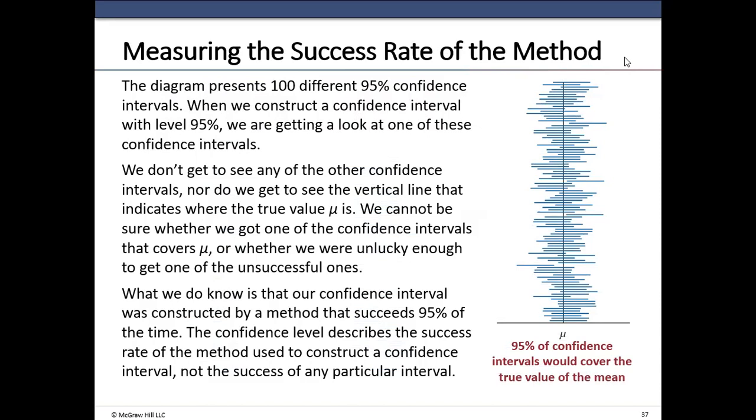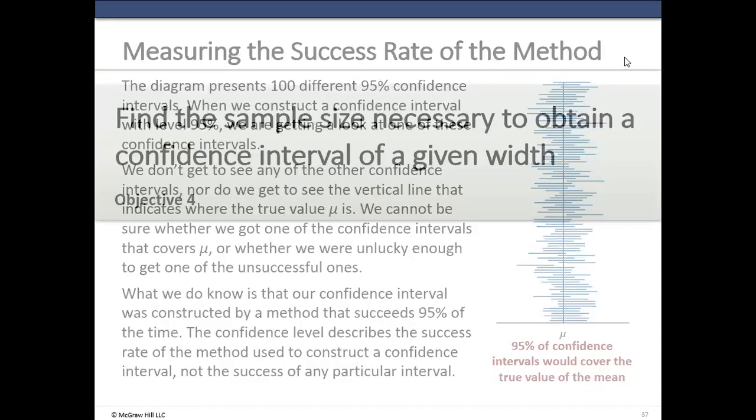We cannot be sure whether we got one of the confidence intervals that cover mu, or whether we were unlucky enough to get one of the unsuccessful ones. What we do know is that our confidence interval was constructed by a method that succeeds 95% of the time. The confidence level describes the success rate of the method used to construct a confidence interval, not the success of any particular interval.